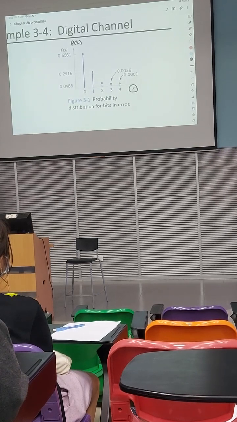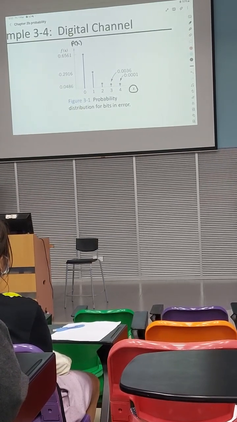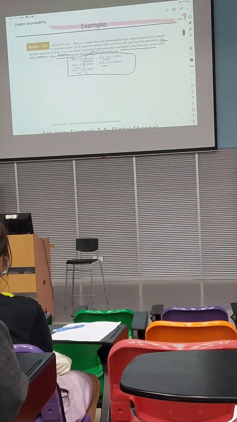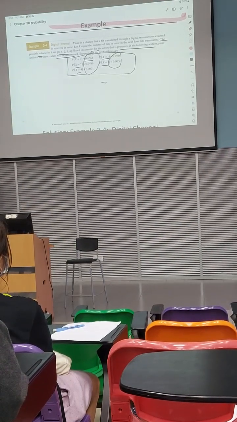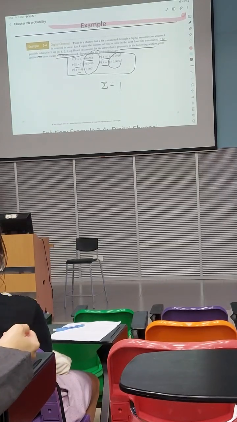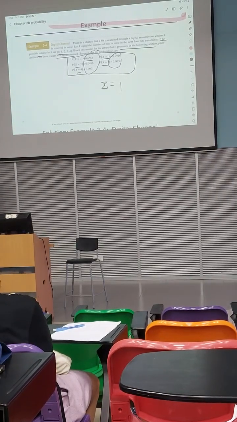Based on the values, you can plot like this. What you will observe here is when you sum up these values, it should give you 1. So this is called a probability distribution. Okay?